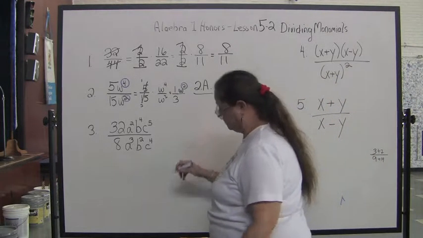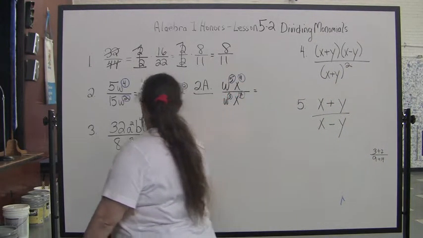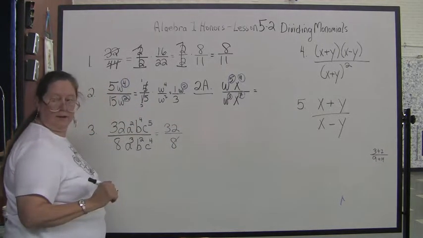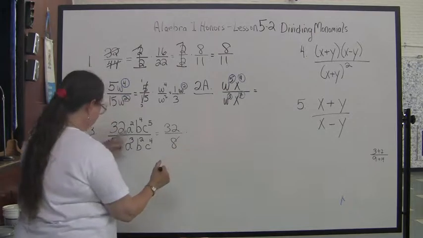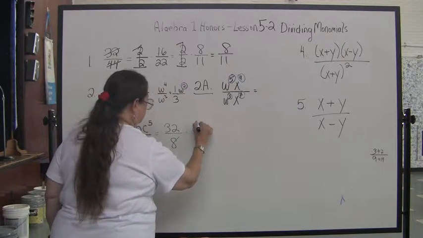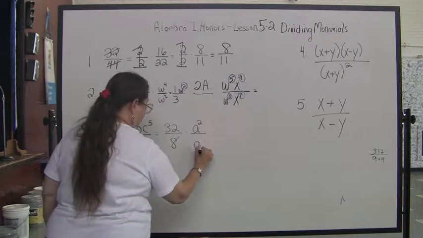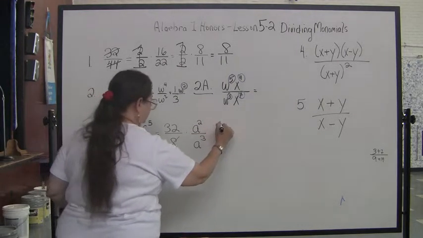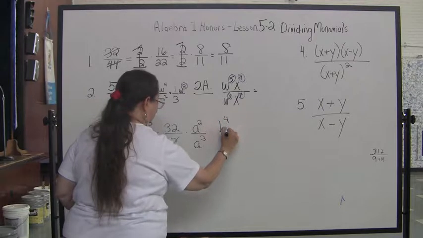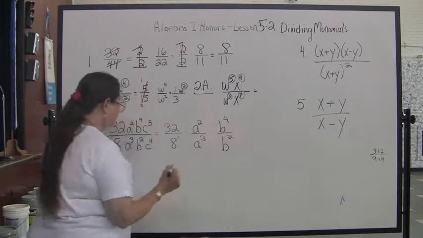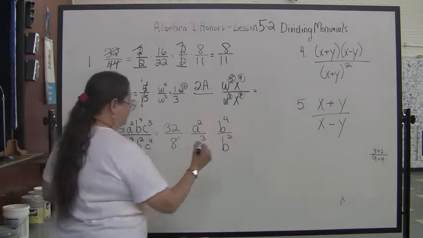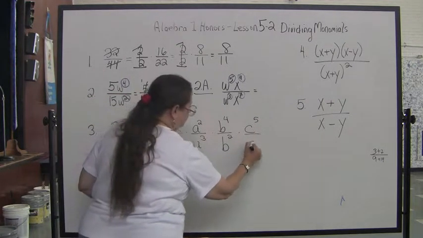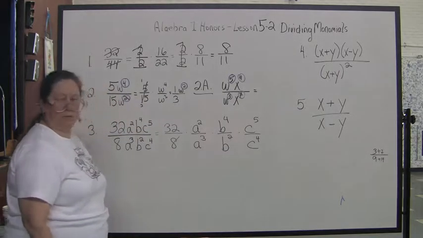So we have 32 over 8 times, I'm going to put my a's together, a squared over a cubed times b to the 4th over b squared times c to the 5th over c to the 4th.